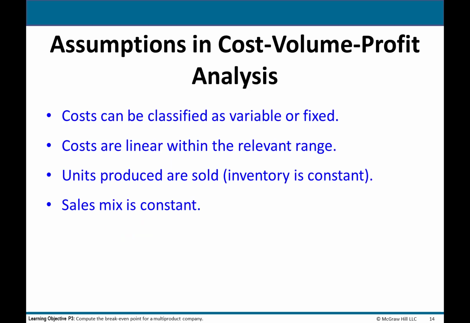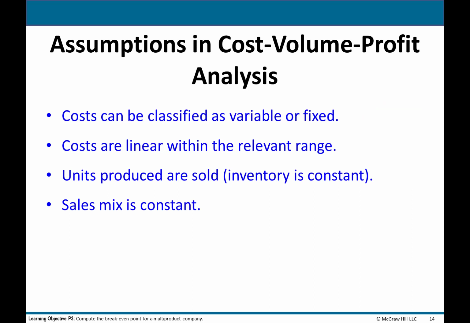To wrap up this chapter, make sure that you're familiar with the assumptions that go along with cost volume profit analysis. Costs can be classified as either variable or fixed. It's important that the costs are classified correctly or incorrect forecasts will take place. There's no place for mixed costs in cost volume profit analysis.